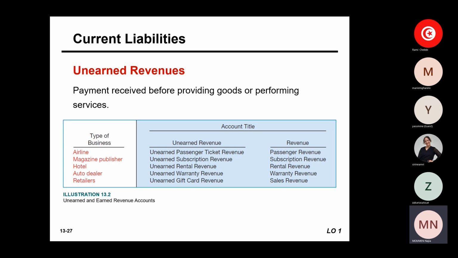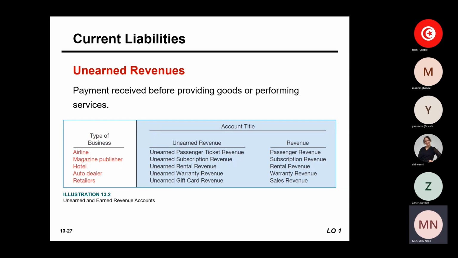We have different types and examples of unearned revenues that will be credited. For example, if you are an airline company selling tickets for trips, you will be collecting money before offering that service to your customers. Or you are a magazine publisher collecting, for example, annual or quarterly subscriptions in advance.